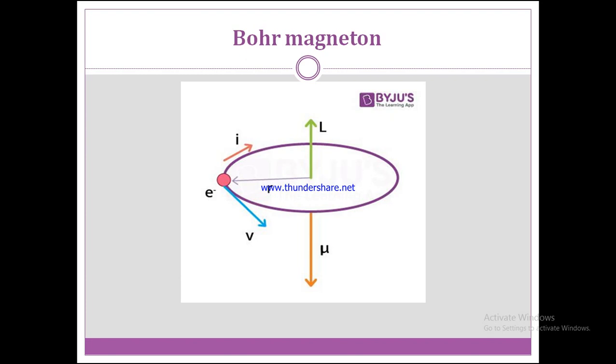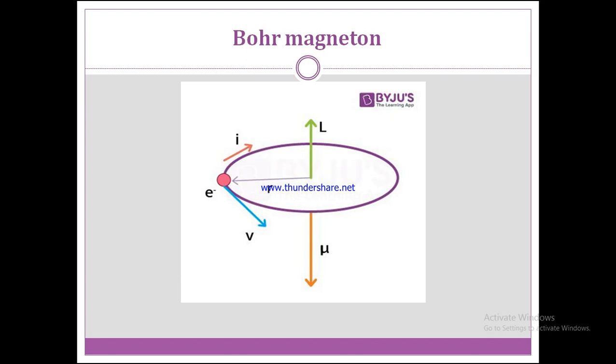The nucleus is present at the center of this circle, and the electron is present in the orbit at a particular distance of radius r.